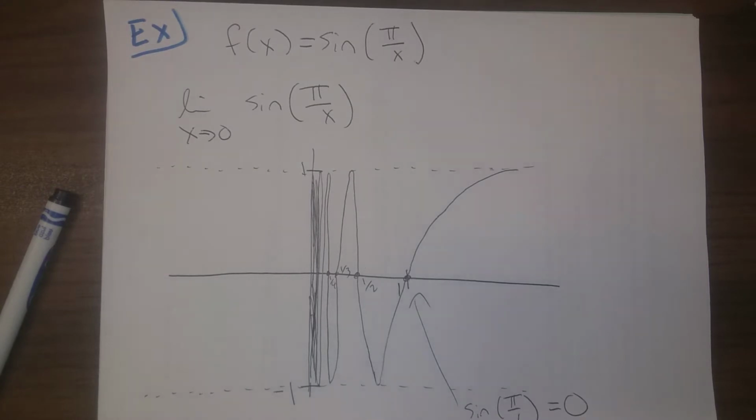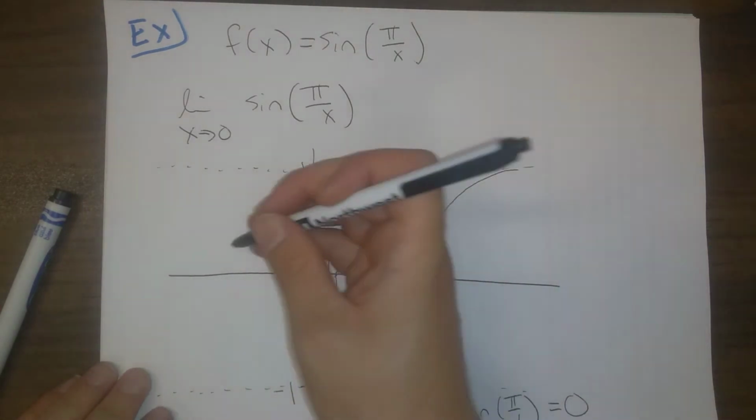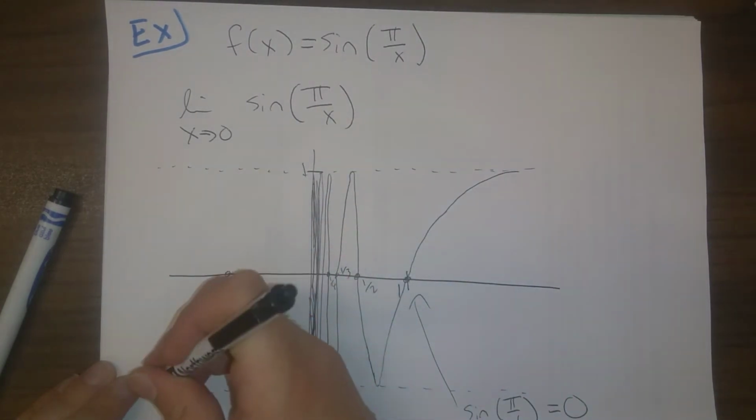Obviously, it's a function, so it has to satisfy the vertical line test. This doesn't do it, but it's to illustrate that we have a really messy picture going on here.